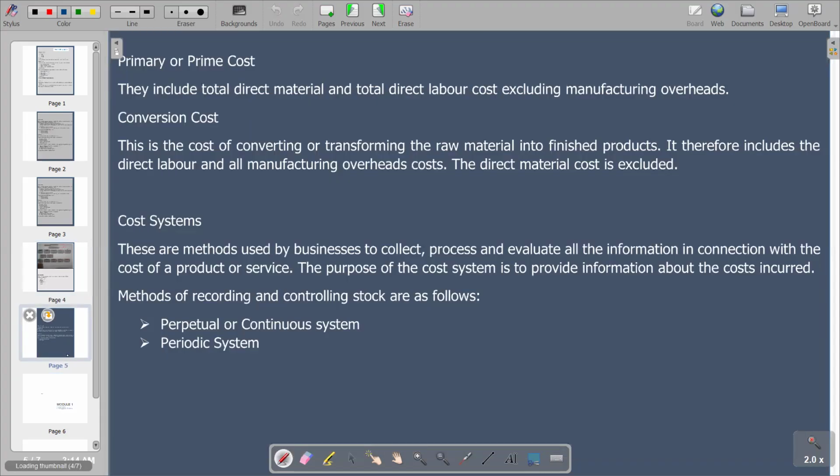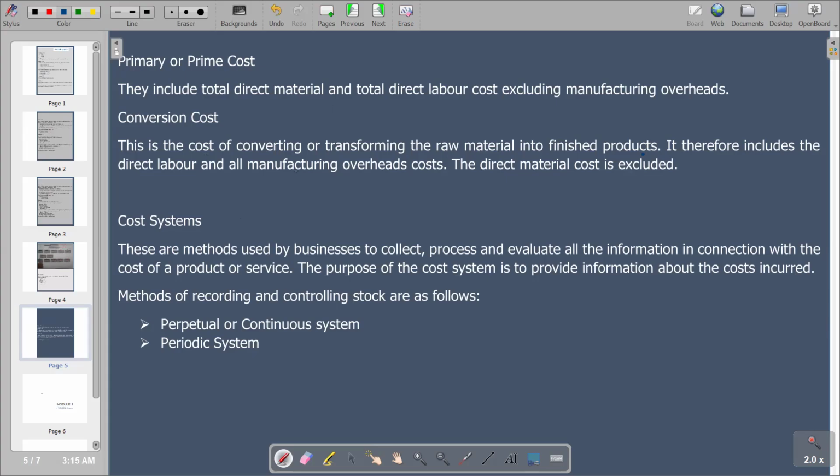So moving on to the next aspect, we can talk about primary or prime cost. When it's primary, they include total direct material and total direct labor cost. Direct material plus direct labor gives you the prime cost or the primary cost. And then we move on to the next one, which is going to be the conversion cost.